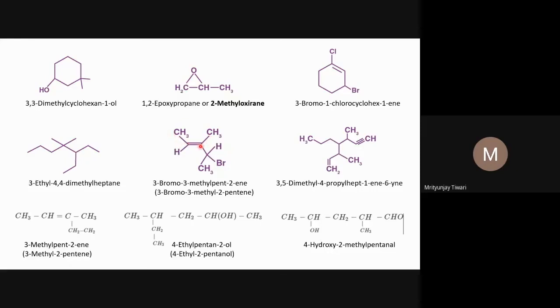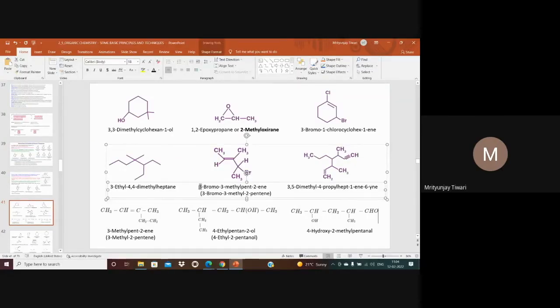1, 2, 3, 4, 5. So this is 4-bromo. There is a mistake: this is 4-bromo, 3-methyl. The methyl is at the third position.